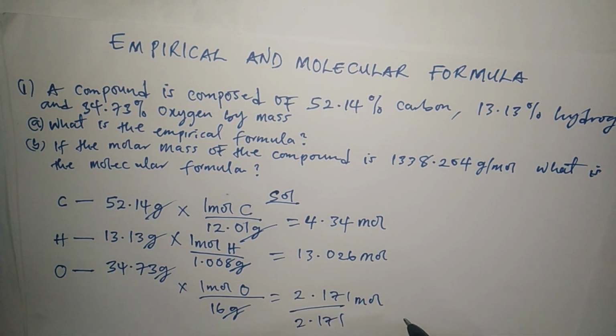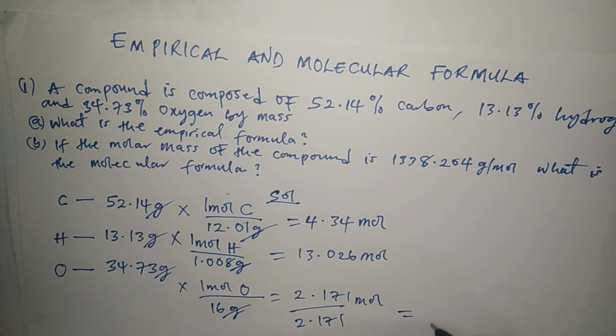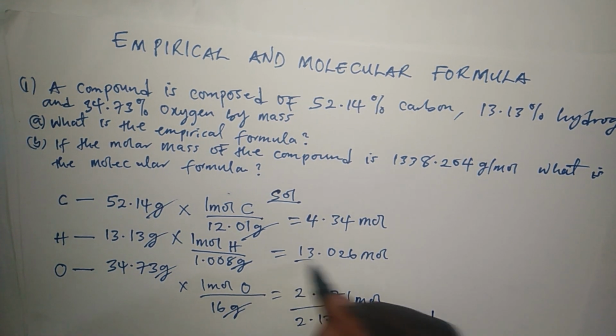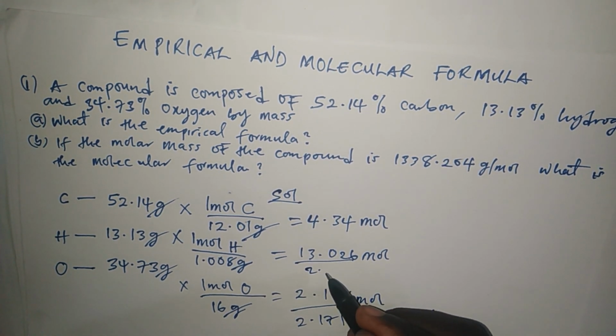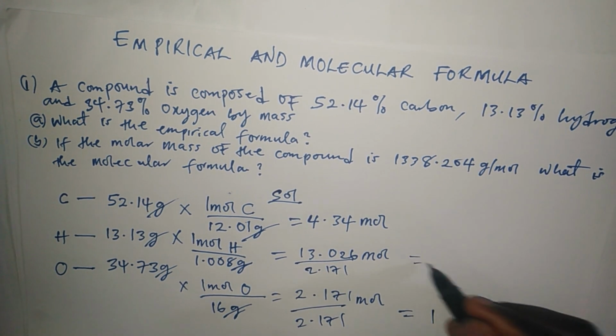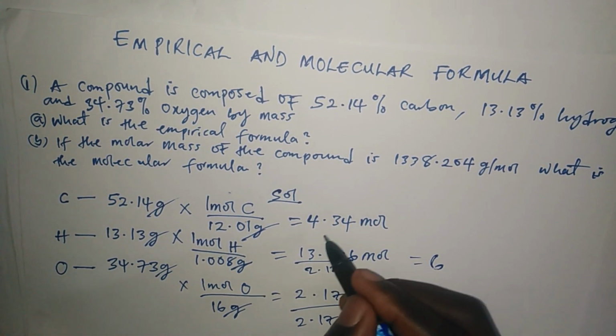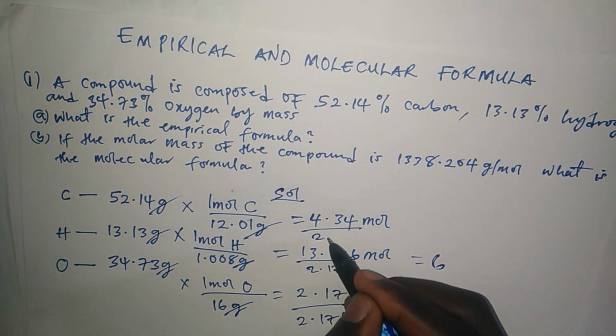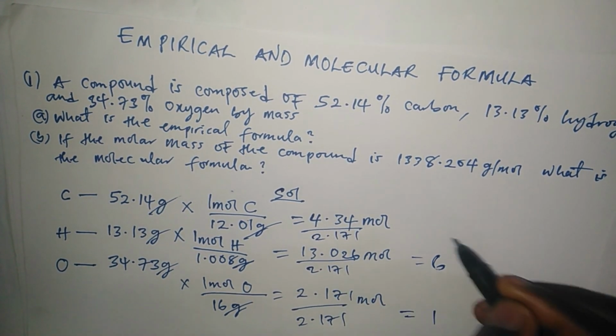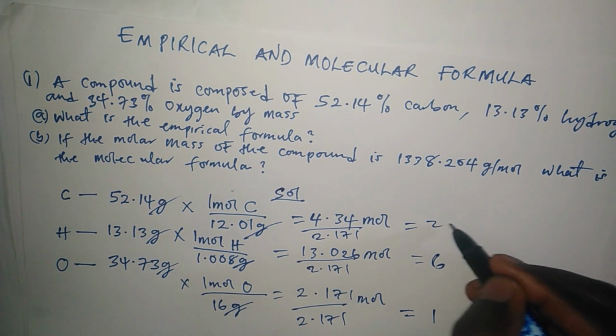So what you have now for oxygen is going to be 1. In this case, dividing by 2.171, what you have is going to be 6. And in this case, dividing by 2.171, what you have is equal to 2.